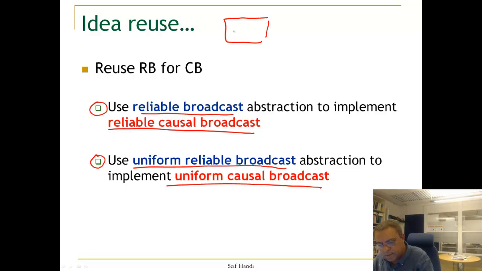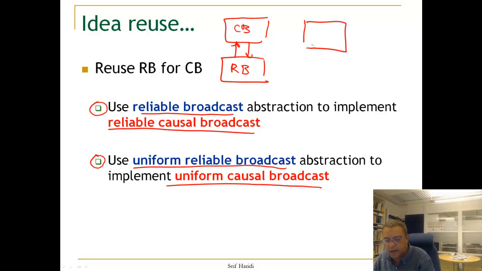So our causal broadcast will use a reliable broadcast in the implementation to have a regular reliable causal broadcast, and it's going to use uniform reliable broadcast to have a uniform causal broadcast.